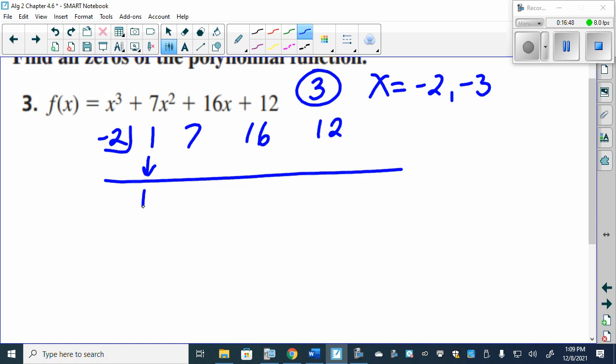We can bring down the 1. -2 times 1 is -2. 7 plus -2 is 5. -2 times 5 is negative 10. 16 plus -10 is 6. -2 times 6 is negative 12. And 12 plus -12 is 0.